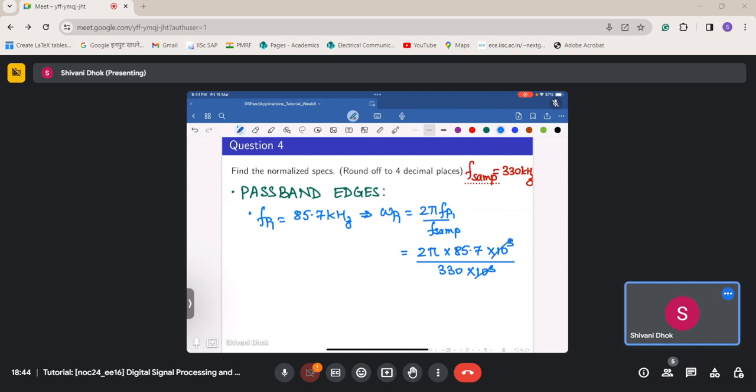These things get cancelled, and this comes out to be 0.5194 pi.